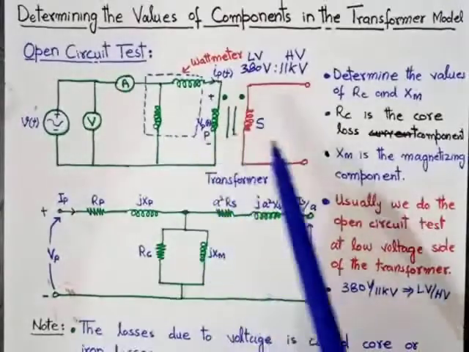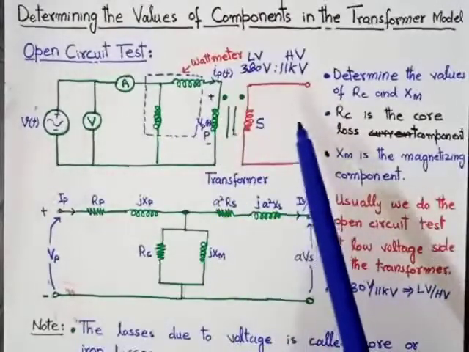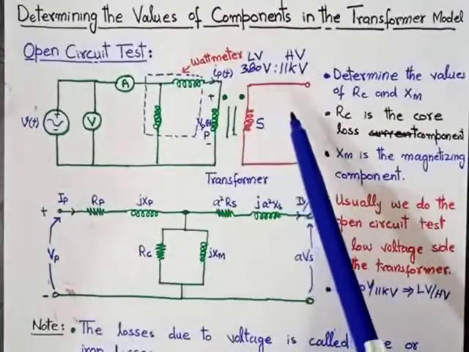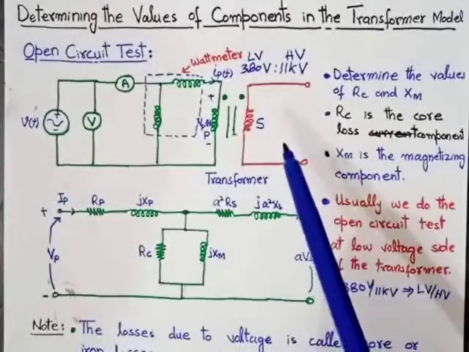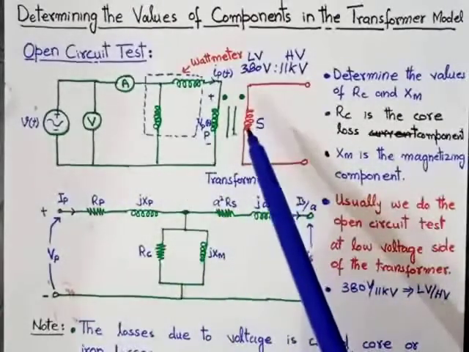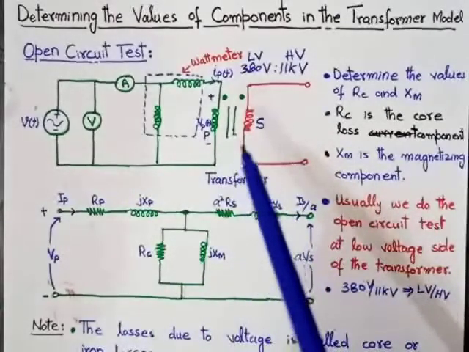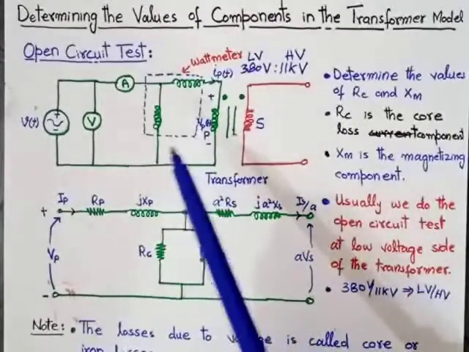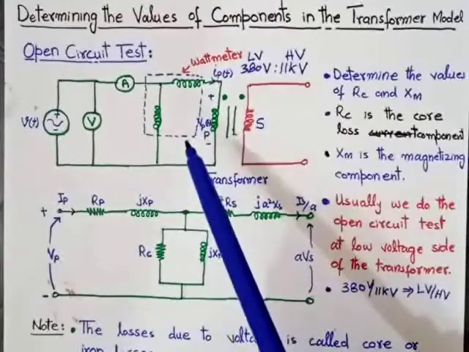Open circuit is also called no load. When there is no load, the power consumed in the transformer should be 0. If the power consumed in the transformer is not 0, it means there are losses.